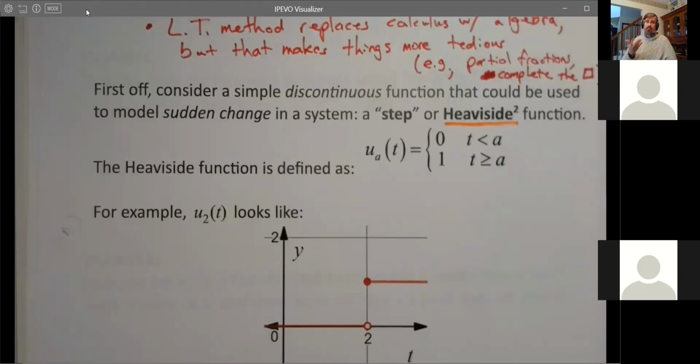If you've heard of Maxwell before, James Clerk Maxwell was an English physicist in the 1800s, and he came up with this brilliant synthesis of electricity and magnetism. He's the guy who brought us electromagnetism. He came up with a system of like 20 equations that all related these important things. But it was Oliver Heaviside who came up with a way of writing these equations not as a physicist would, but as a mathematician would.